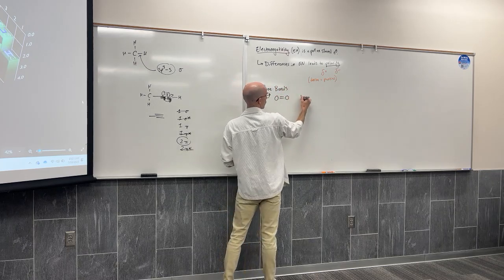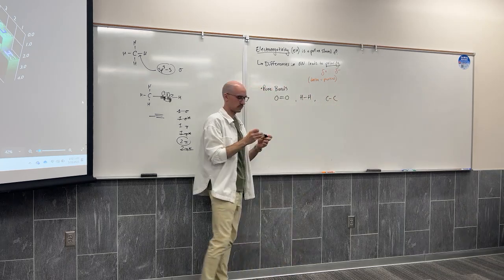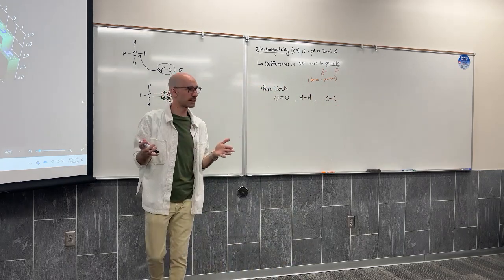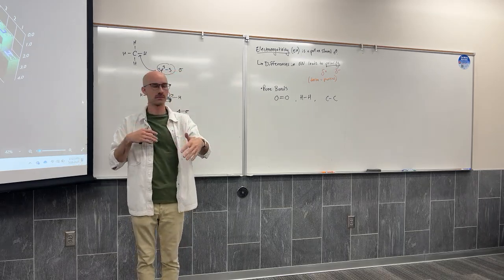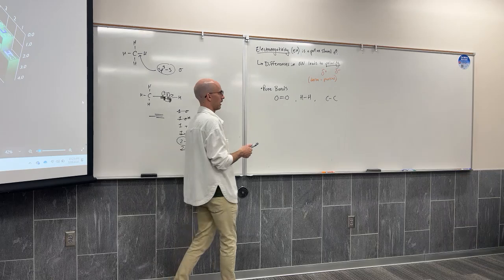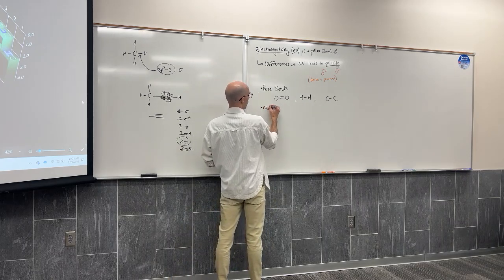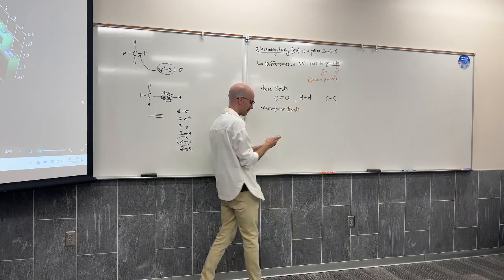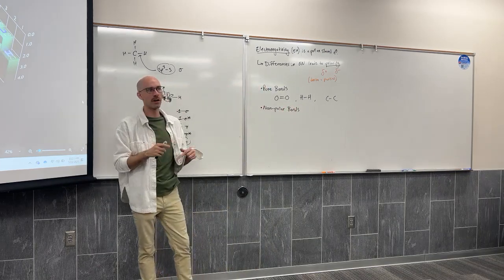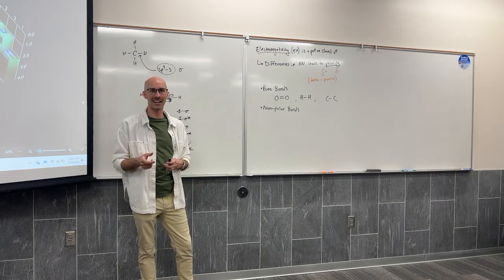Oxygen to oxygen, hydrogen to hydrogen, carbon to carbon. There's no difference in electronegativity. No atom pulls on the electrons more than the other. And so there is no partial positive. But then we have nonpolar bonds. And pure bonds are nonpolar, but not all nonpolar bonds are actually nonpolar.